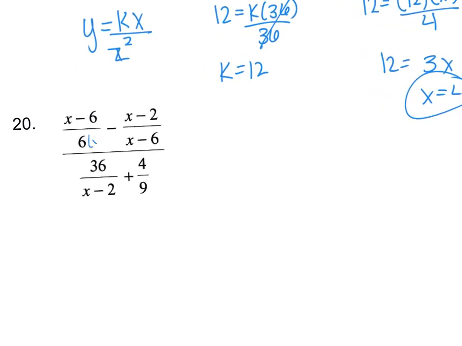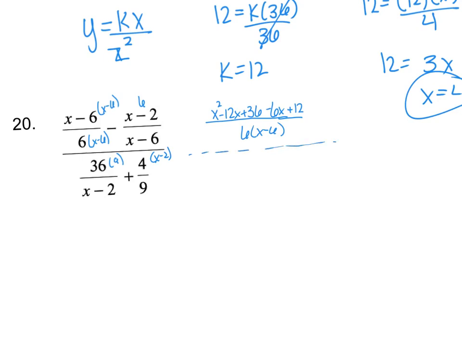Alright, we gotta get common denominators. So on the top, it's x squared minus 12x plus 36 minus 6x plus 12 over 6 times x minus 6. And on the bottom, 36 times 9, 324 plus 4x minus 8 over x minus 2 times 9.